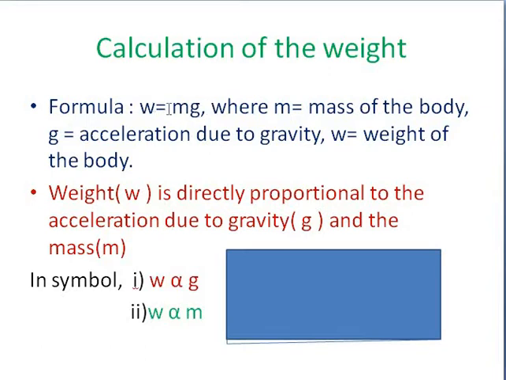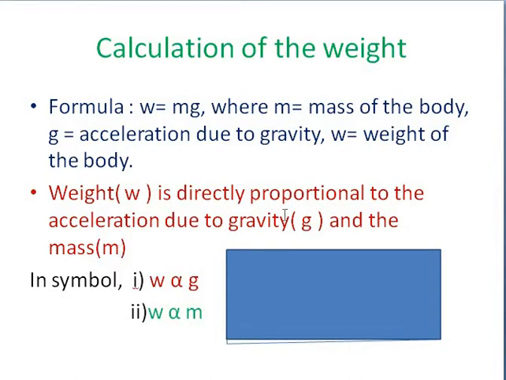That is W equals m times g, where m is the mass of the body and g is the acceleration due to gravity, and W is the weight of the body. So weight is directly proportional to the acceleration due to gravity and the mass of the object. More mass, more weight, and less mass, less weight.